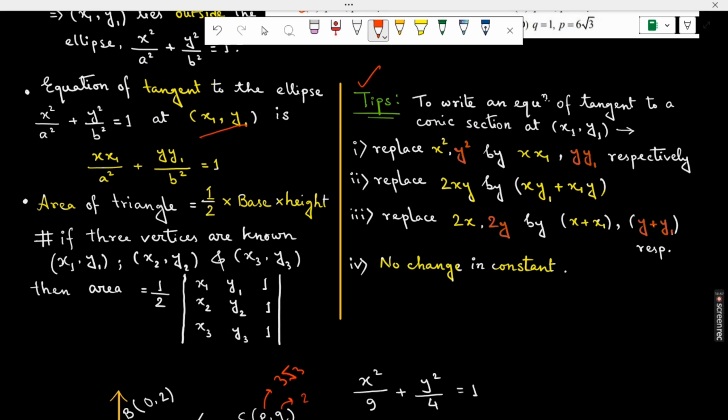We have used the area of the triangle of the first form. You can use the second form also. You will get the same value, because it will be nothing but (0, 0, 1), the origin, then the point R, that means (3, 0, 1), and the point T, that means (alpha, beta, 1), and you will get the same value.